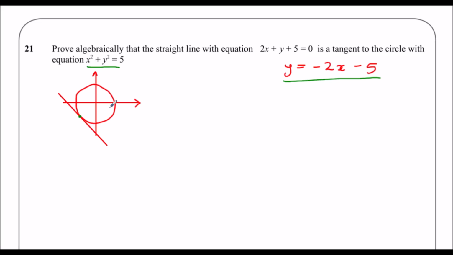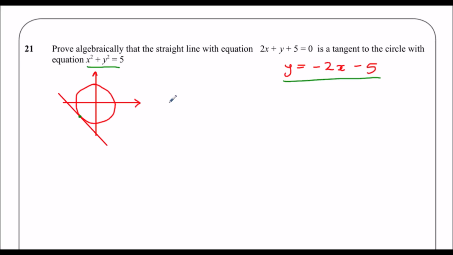If the line went through the circle, it would cross it at 2 points. We'll get 2 answers. So if we try and solve these simultaneous equations by substituting this line, this y equals minus 2x minus 5, into our circle and solve, we should only get one solution.